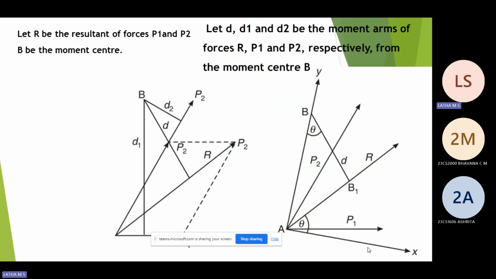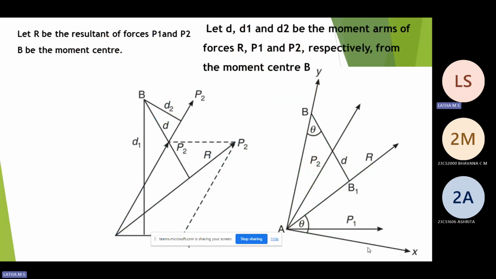Let me say this is point A, that is, I am calculating RA. Similarly, I am calculating the force F1 at A, force F2 at A, force F3 at A. So I want to know the effect of forces F1, F2, F3, and what is the resultant.